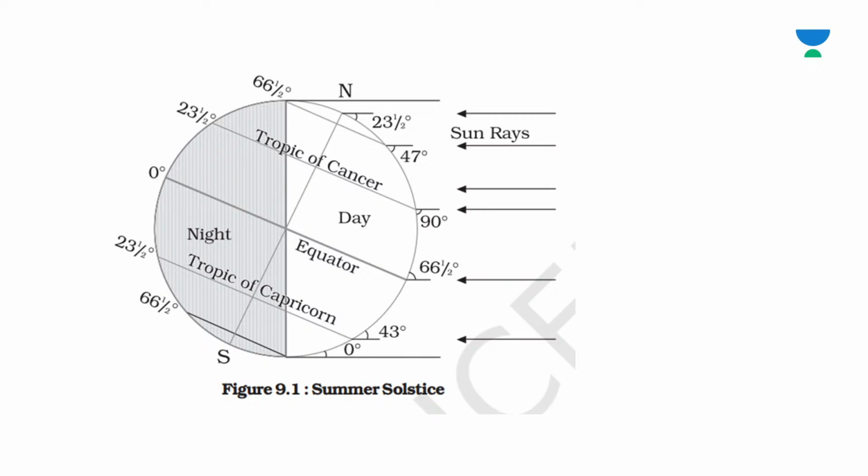Now, the slant rays are required to pass through greater depth of atmosphere, resulting in more absorption, scattering and diffusion. Now, the passage of solar radiation through the atmosphere.